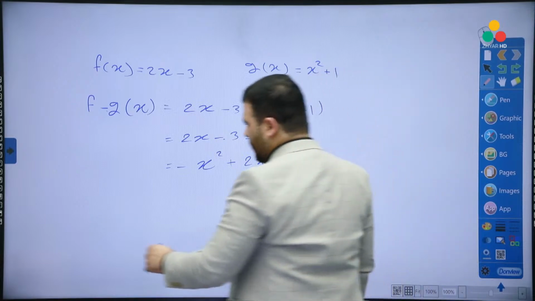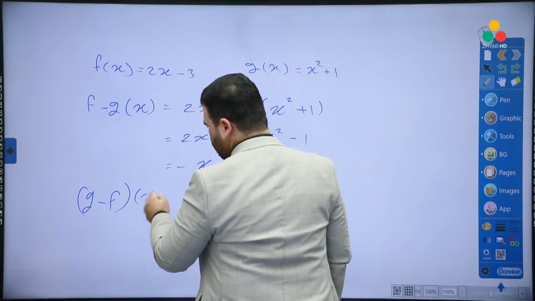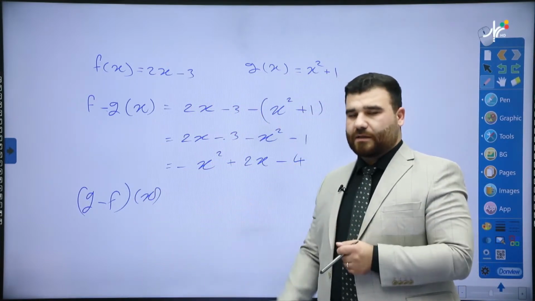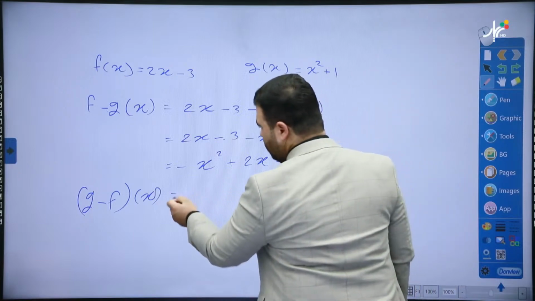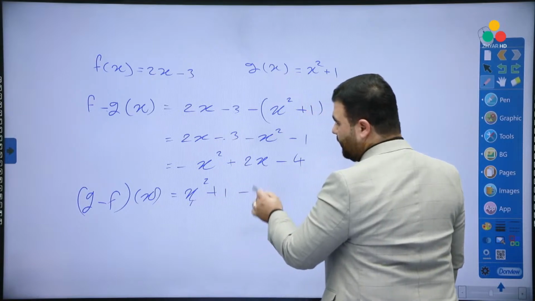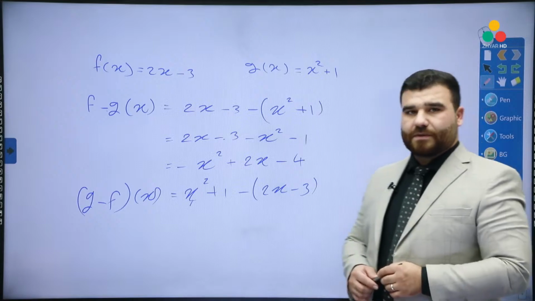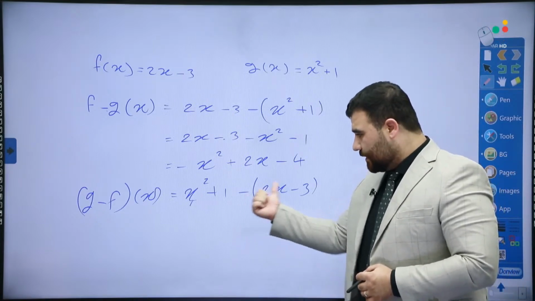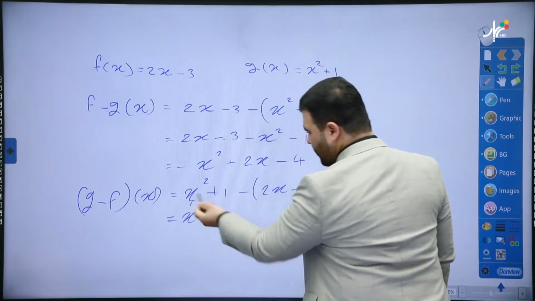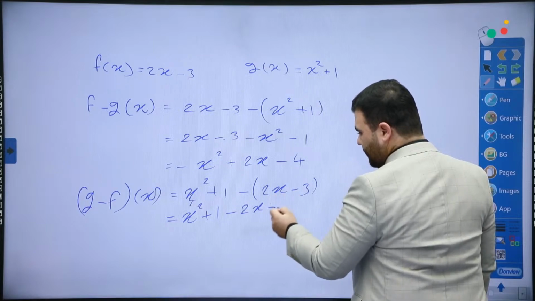We can also have (g minus f)(x). This time we write g first, minus bracket f(x). It's going to be x squared plus 1 minus (2x minus 3). Now, the first step is to expand the bracket. This minus is multiplied by what's inside. This is going to be x squared plus 1, as they are, minus 2x, minus minus plus.